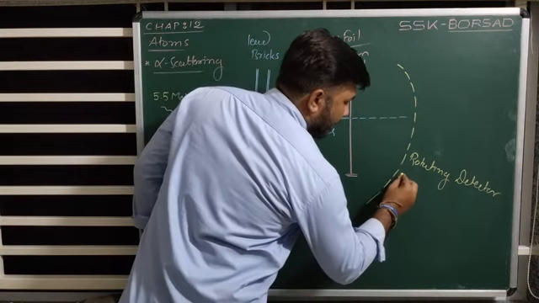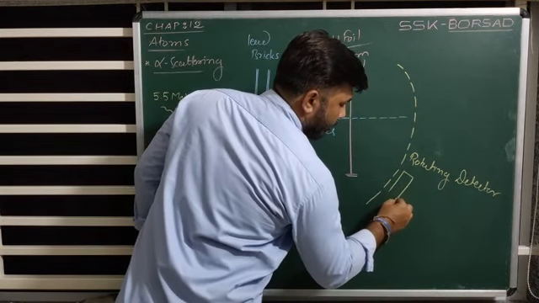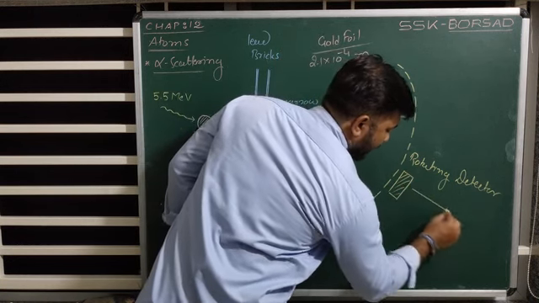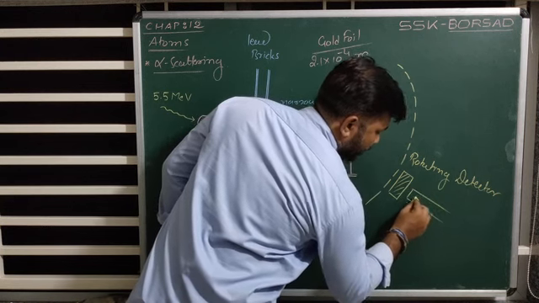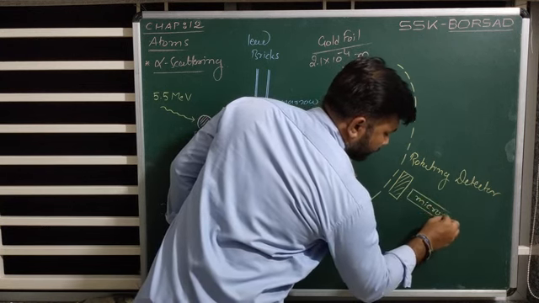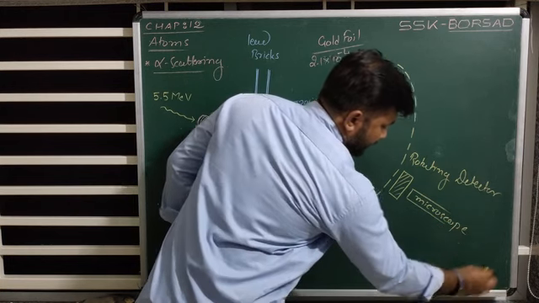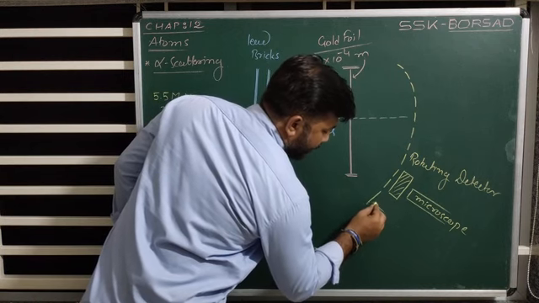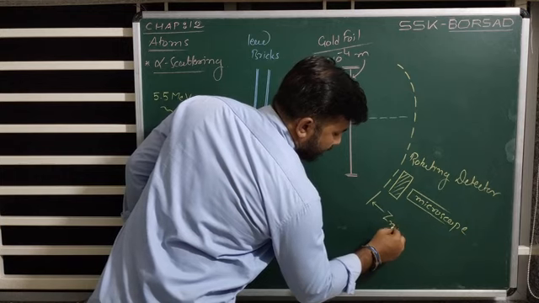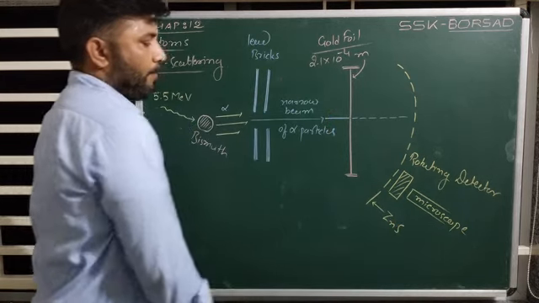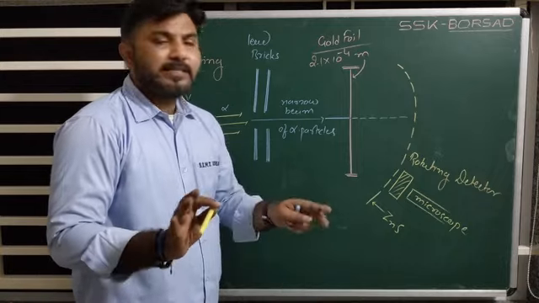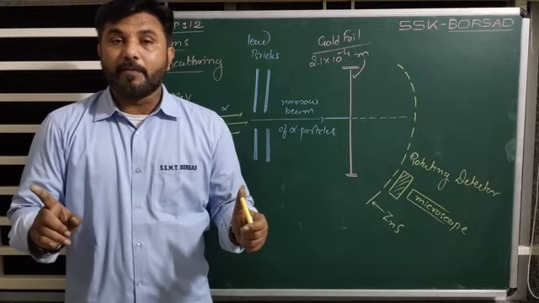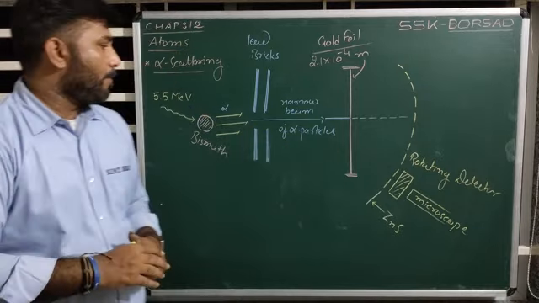There is a rotating detector, and that rotating detector is connected with a microscope. This is a screen of ZnS, zinc sulfide screen. So this is the arrangement of the Geiger-Marsden experiment for alpha scattering.